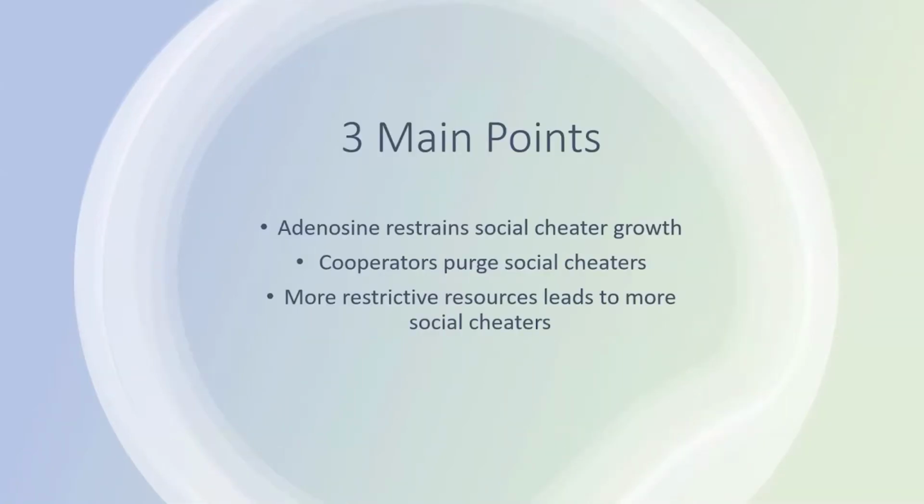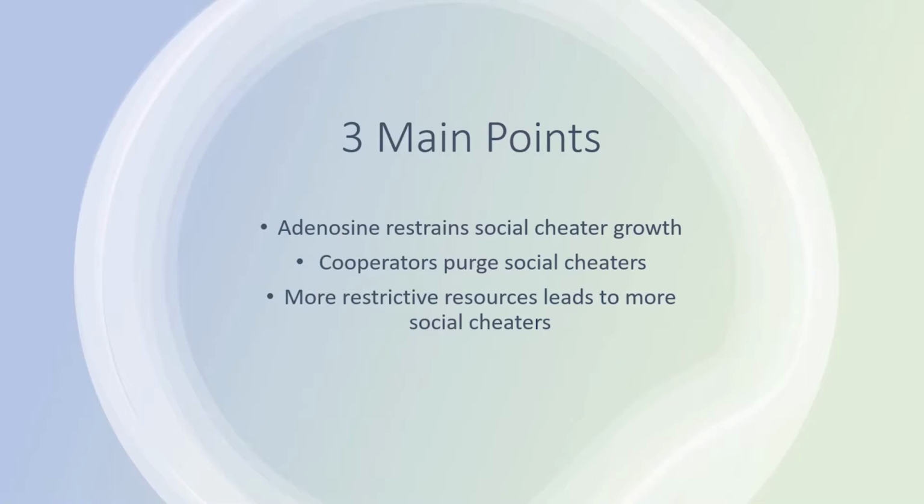So there were three main arguments, or points, that the researchers made in this publication. The first being that adenosine restrains social cheater growth, this idea that quorum sensing a private good restrains social cheating.